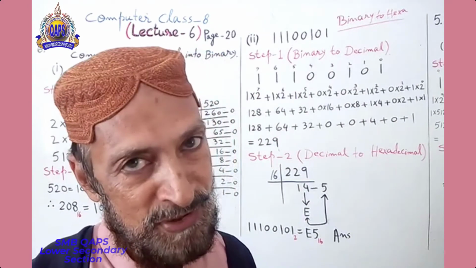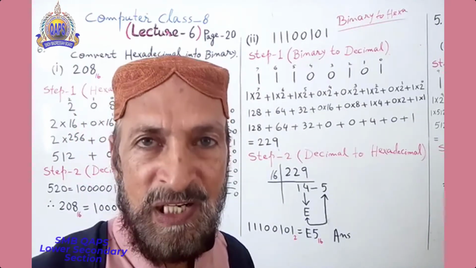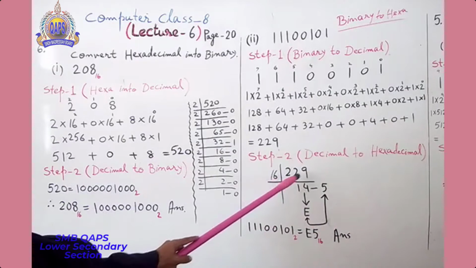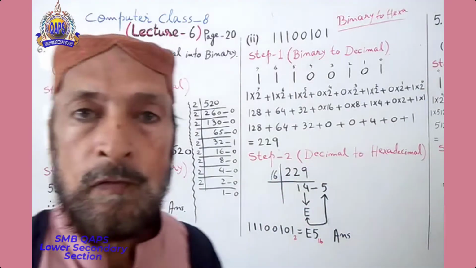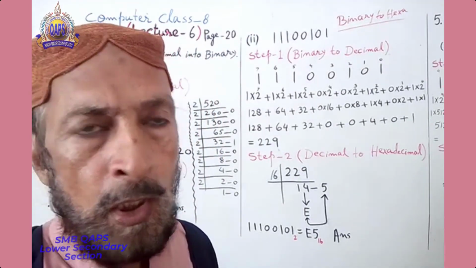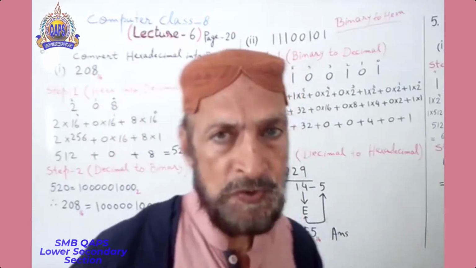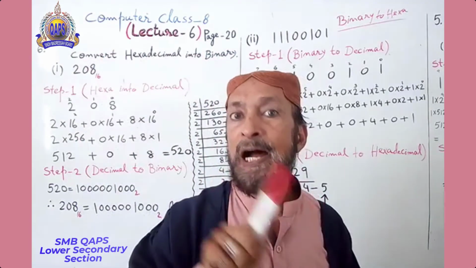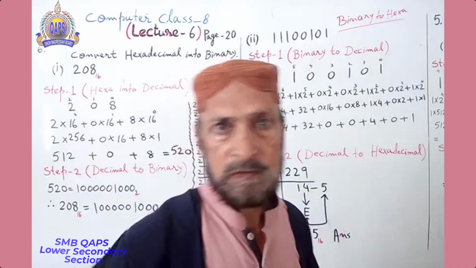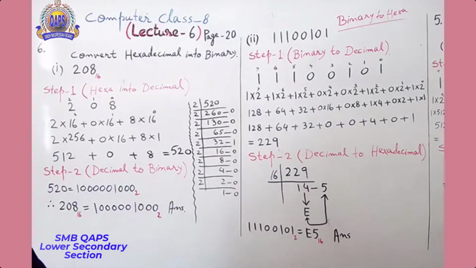Now pay your attention. This is the time that I am saying pay your attention. We have the decimal number 229. We will convert it into hexa. The base of hexa is 16. So divide it by 16. Look at the board. 16 ones are 16. Understand?